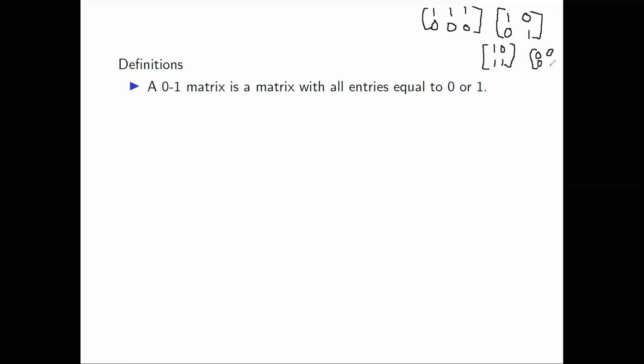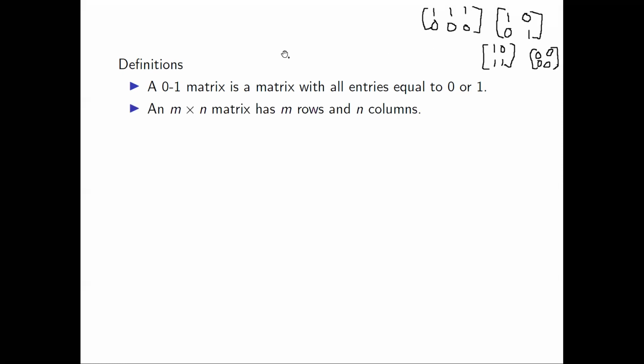So is this. So all zeros or all ones would be fine. And we say an m by n matrix, that's a matrix with m rows and n columns. So the number of rows comes first and then the number of columns. So for example, the one I drew here is a 2x3. And all the others that I drew were 2x2s.